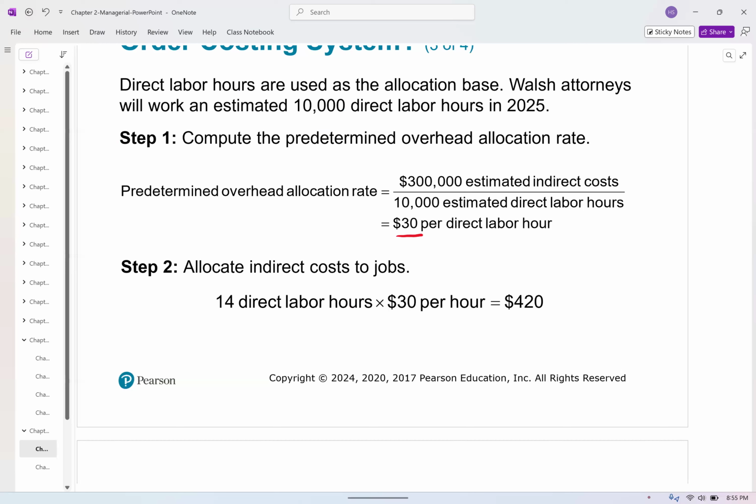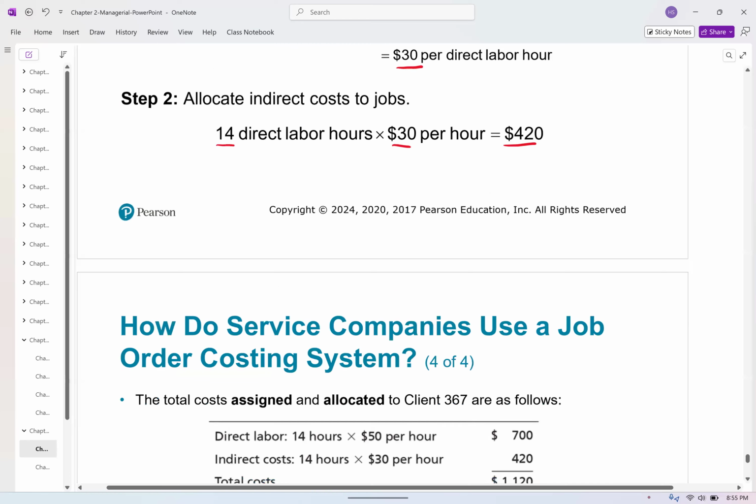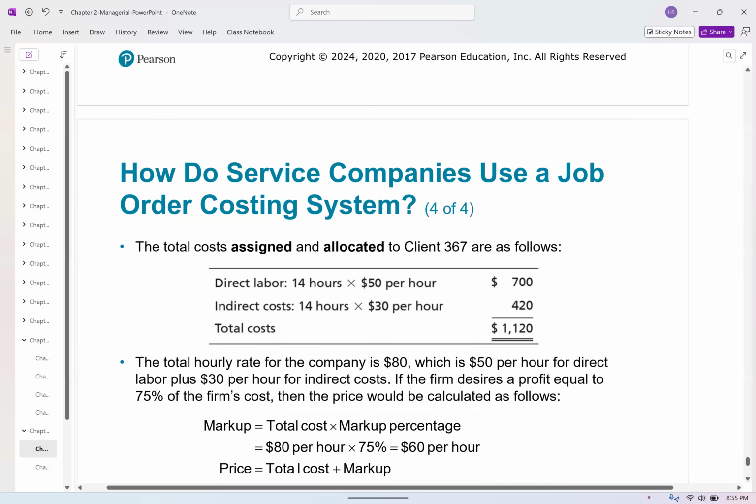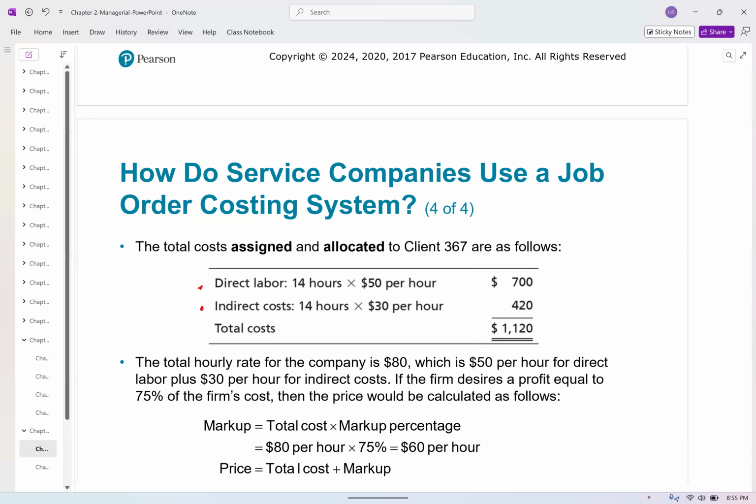They will apply that to each job. Okay. So they said they had 14 direct labor hours. They'll multiply that times 30 and they will tack on $420 to go to that particular job. Okay. So his direct labor, there's that $50 per hour, and then the indirect cost that gets allocated to that. So that's how much they would bill that particular client.